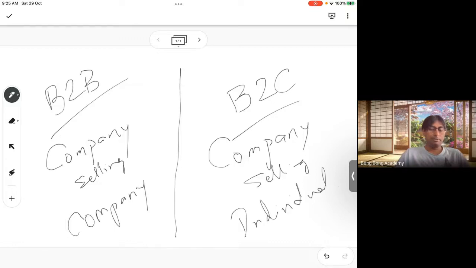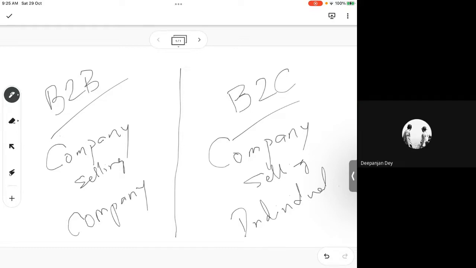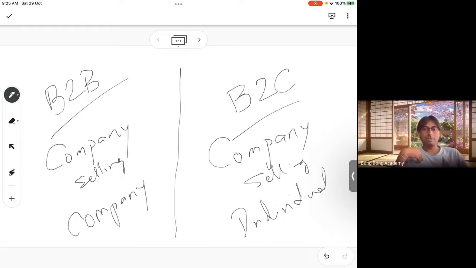So when you go to Amazon or Flipkart and place your order, what kind of sale is that? B2C or B2B? B2C, right? You are placing your order on your own behalf. You are not placing the order on behalf of your company.